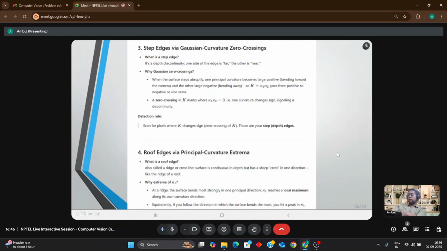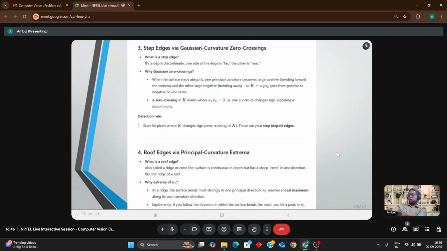Step edges via Gaussian curvature zero crossing. What is a step edge? It's a depth discontinuity: one side of the edge is far, the other is near. Why Gaussian zero crossings? When the surface steps abruptly, one principal curvature becomes large positive, bending towards the camera, and the other is large negative, bending away from the camera.